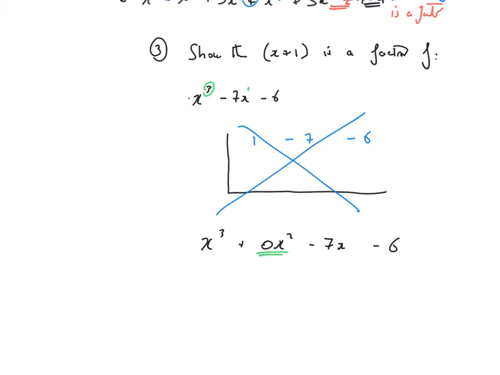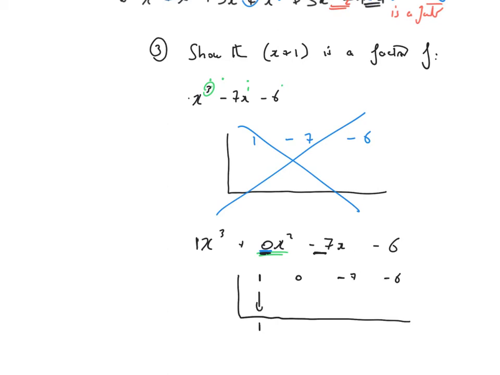I need to go from degree 3 down to degree 2, then degree 1, and then degree 0. If there's not an x squared term, I need to record it as a 0x squared term, within the table. So the table should look like this: 1x cubed, 0x squared, minus 7, and then minus 6.